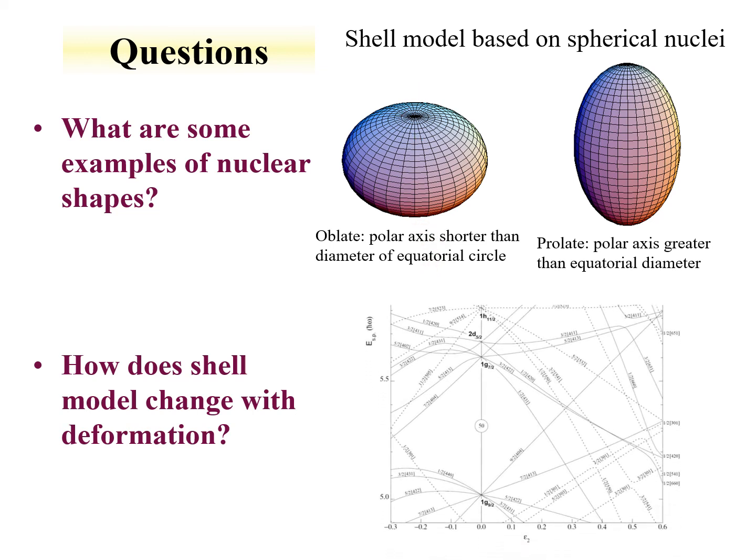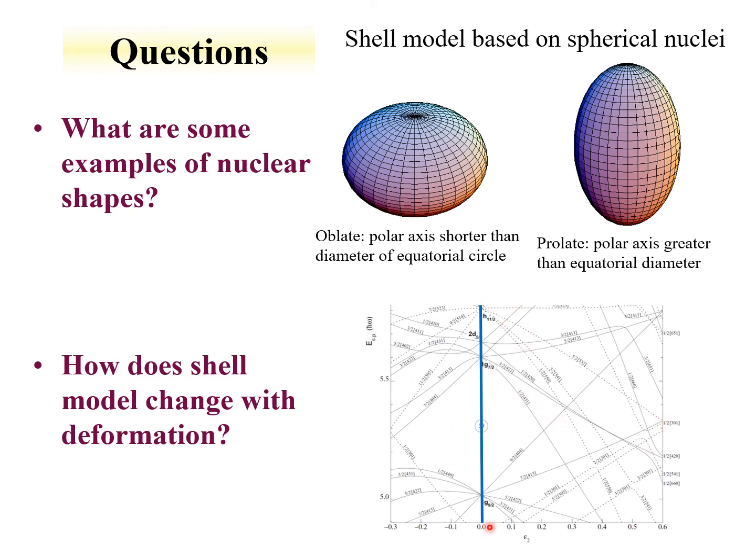And how does the shell model change with this deformation, going from spherical to either prolate or oblate? Well, we go from using the shell model, which is shown here right along this line, to our Nilsson diagram as it changes, and these states radically change.